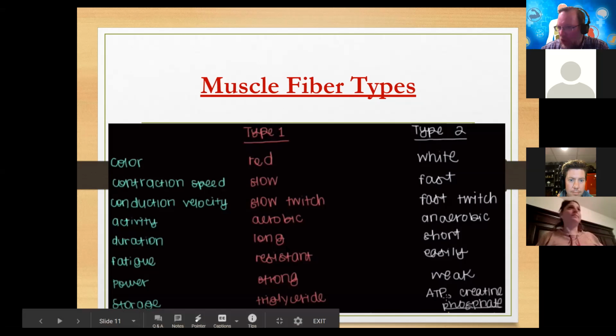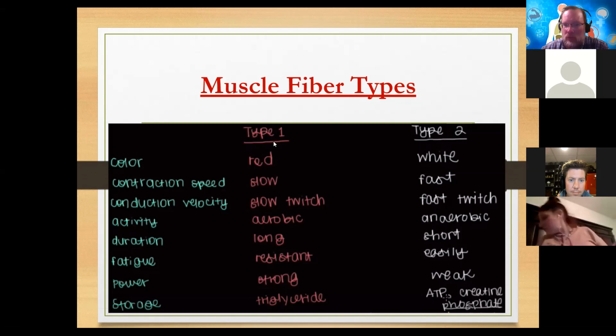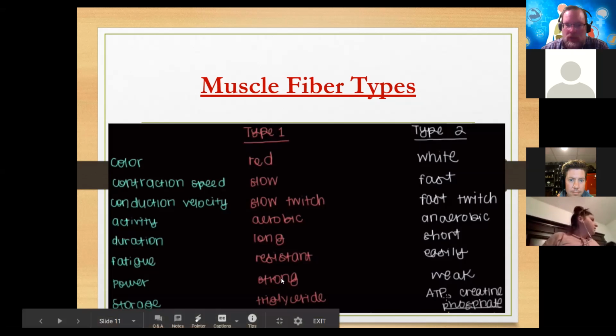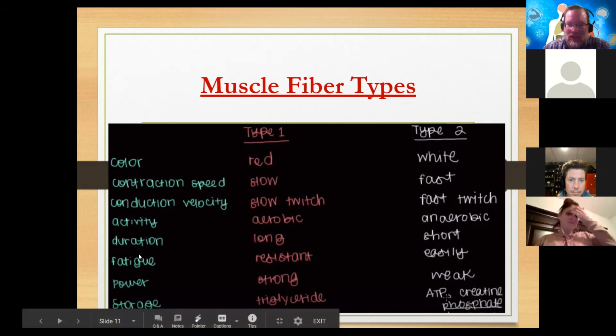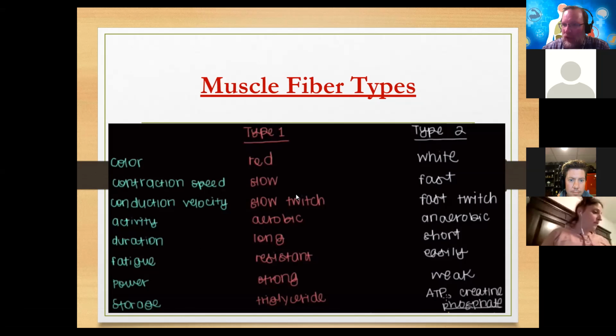You can last longer doing these types of training, so this is more your cardio workouts. It says resistant to fatigue. Well, relative to the other ones, they are. So again, duration, fatigue, and these muscles generally are a lot stronger typically as well.